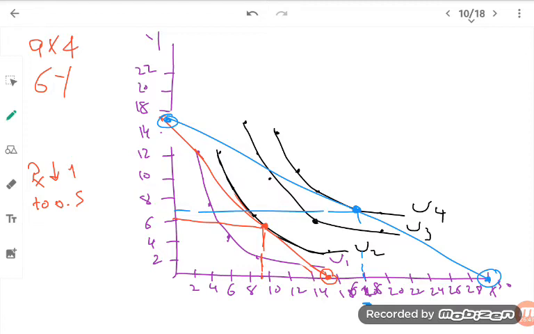From this, we can derive the demand curve. So the requirement number 4 or 5, I don't remember, derive demand curve.